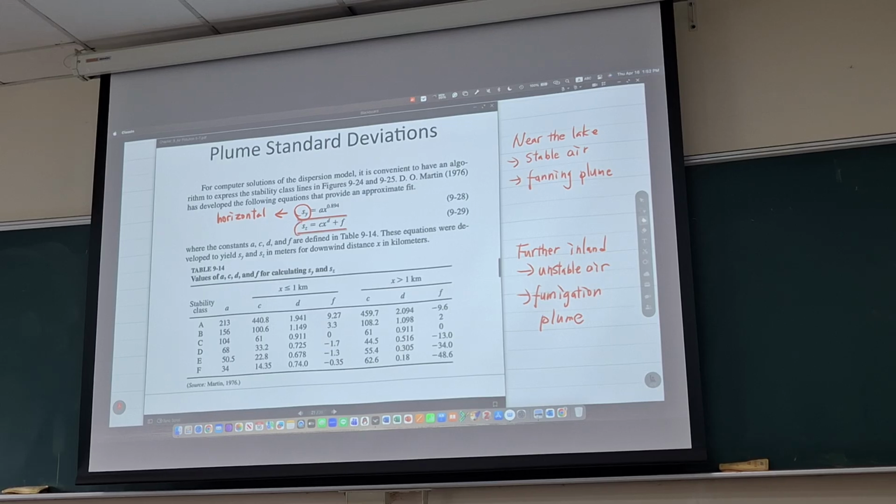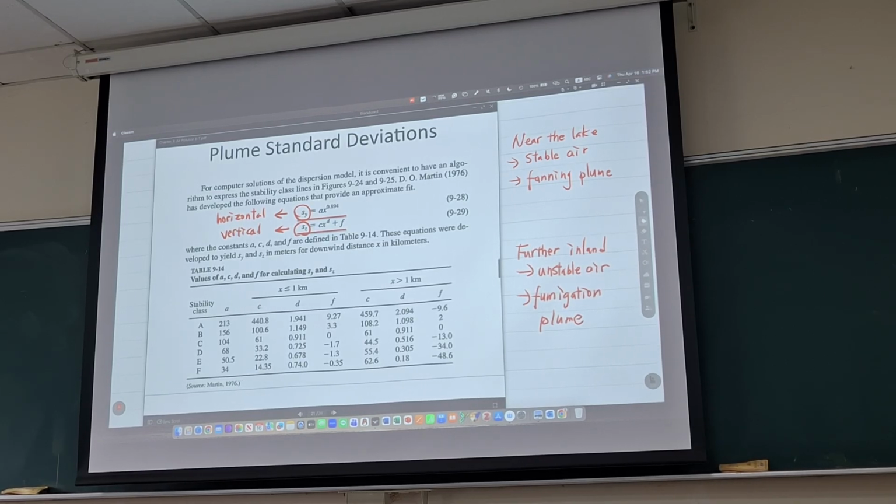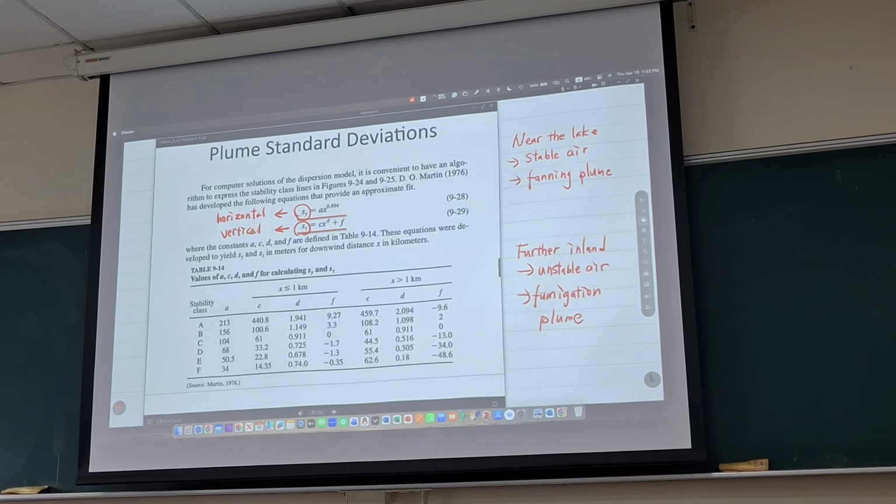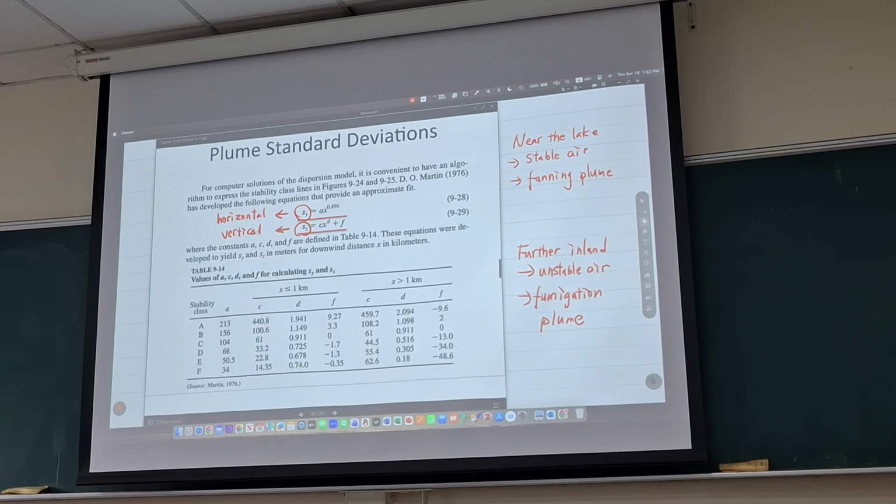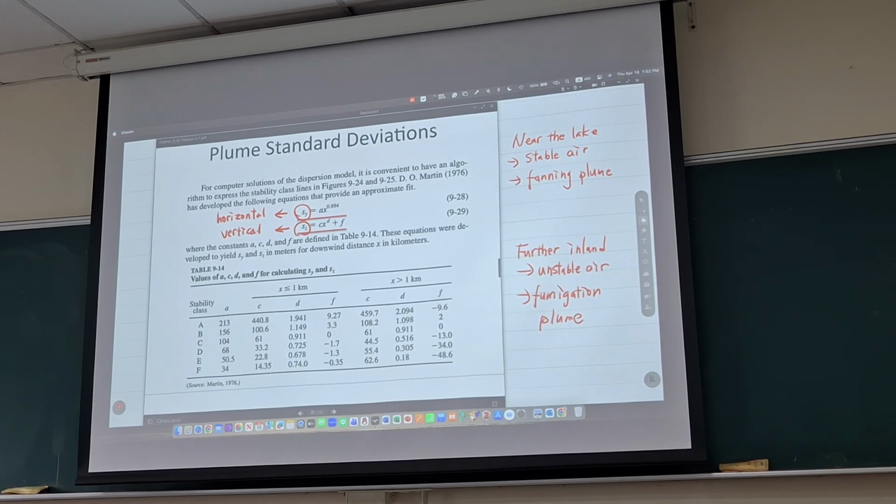So z, of course, stands for vertical. So sigma z is the standard deviation of plume concentration in the vertical direction. These two values tell us how wide and how tall the plume becomes as it moves downwind.